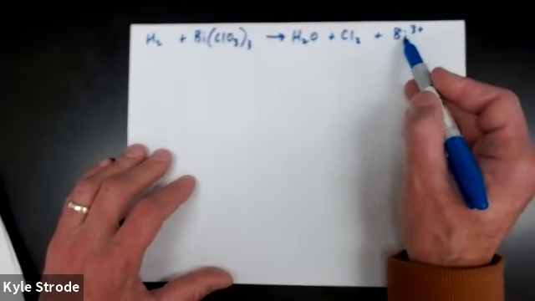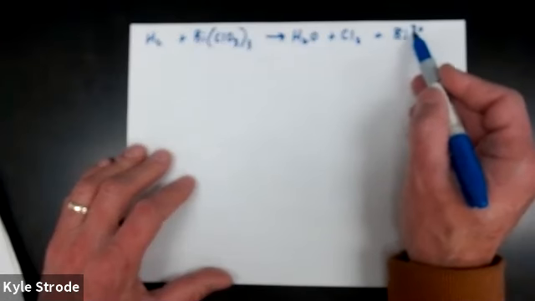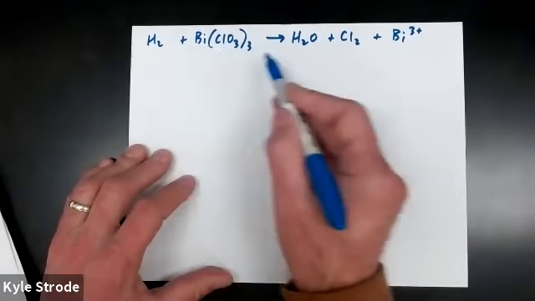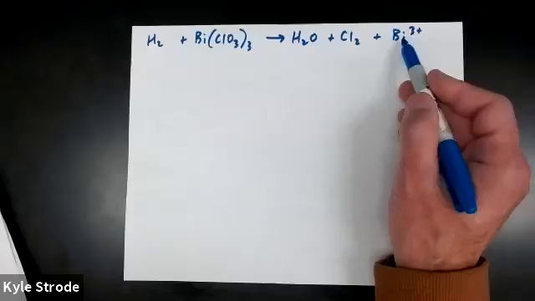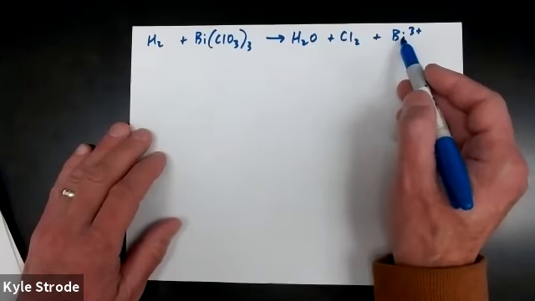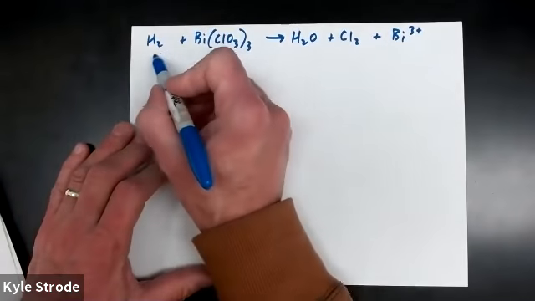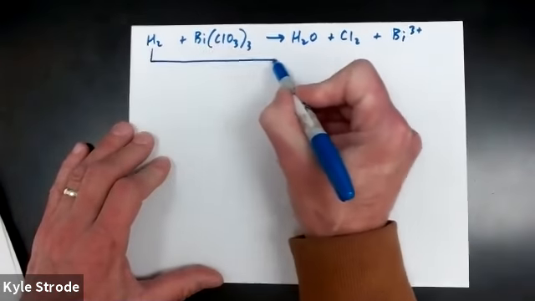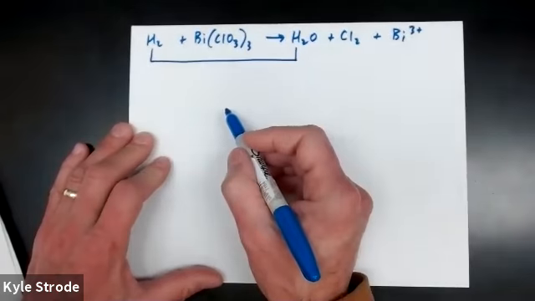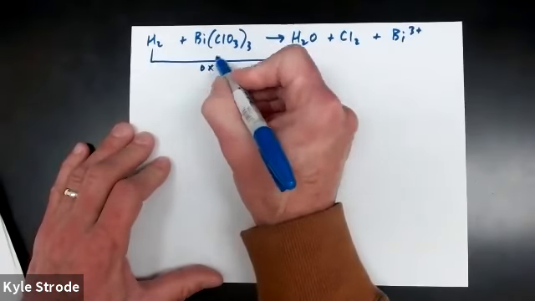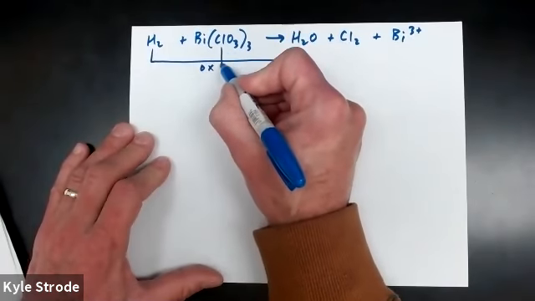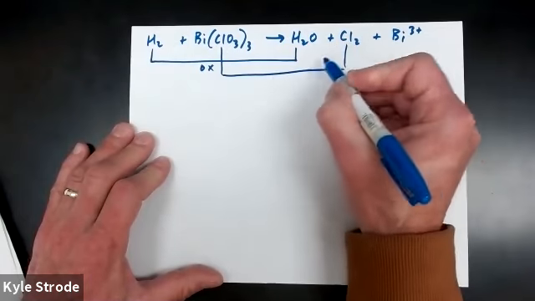And then lastly, we see this extraneous ion, bismuth 3 plus, which was in the +3 state over here, and it's just present because it has to be present for balancing. And it doesn't change in its oxidation state. So anyways, as we can see then, the reaction involving hydrogen is our oxidation, and then involving chlorine is our reduction.